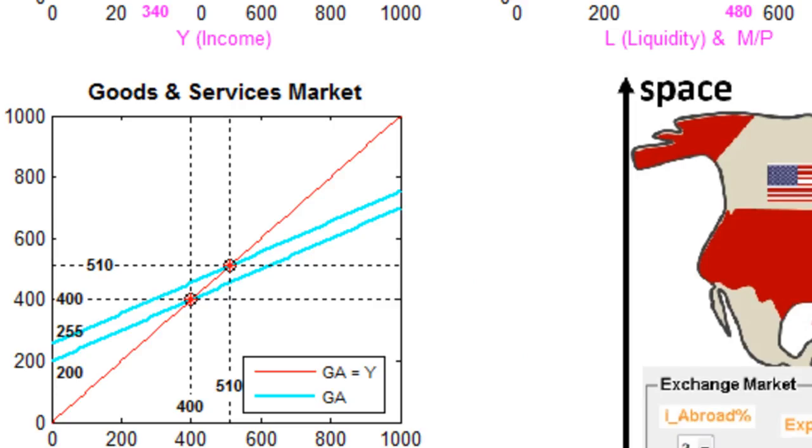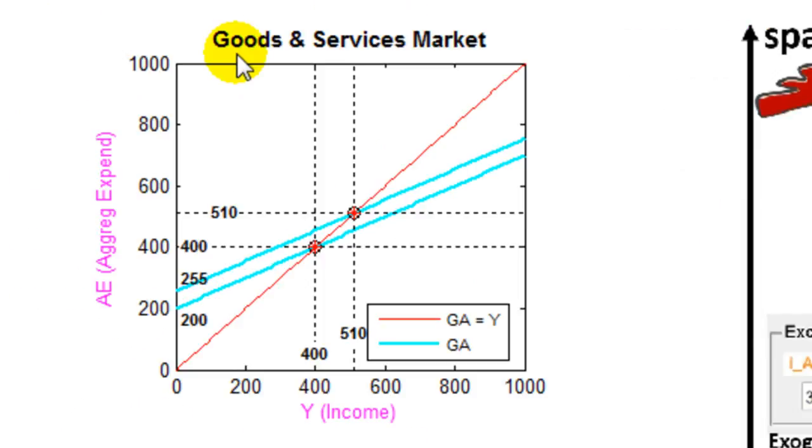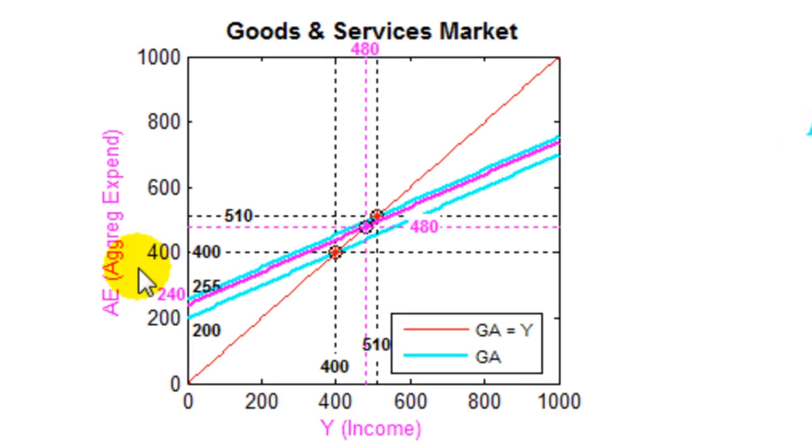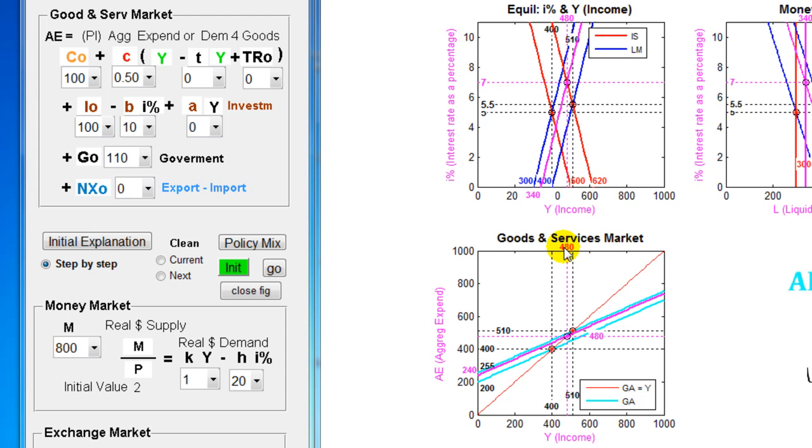Okay, and now we go to the goods and services market, and as we saw previously, the aggregate expenditure curve will shift down in such a way that the new equilibrium, which is 480, has to be exactly the same as this equilibrium, 480.